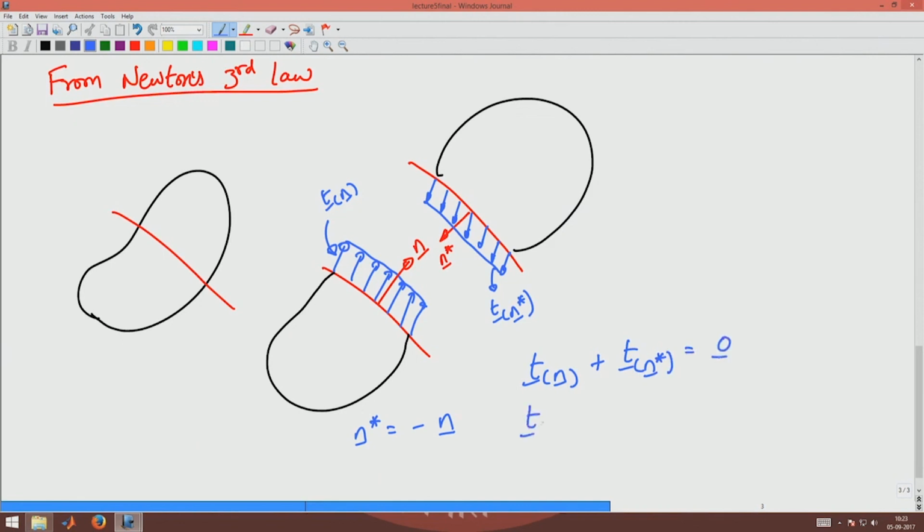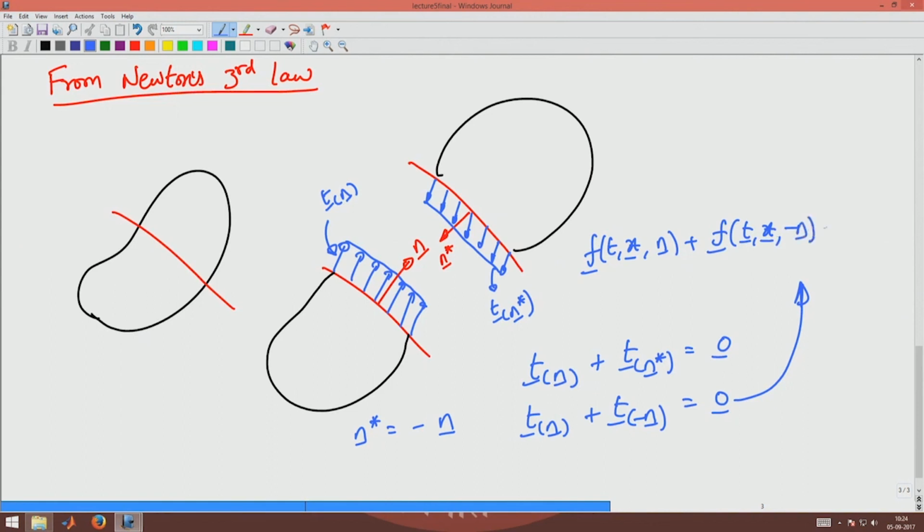In other words, T's of n plus T's of minus n has to be equal to the 0 vector. What does this mean in terms of the function? This means f of t comma x comma n plus f of t comma x comma minus n has to be equal to 0. Okay.